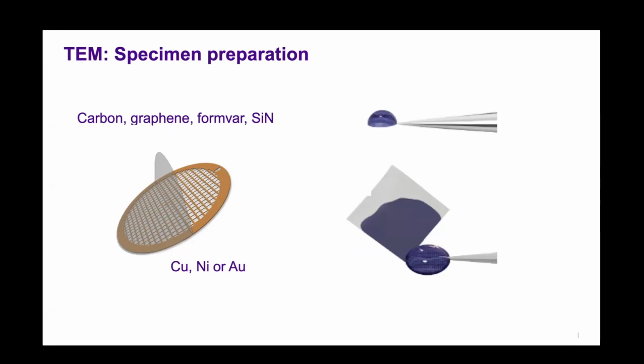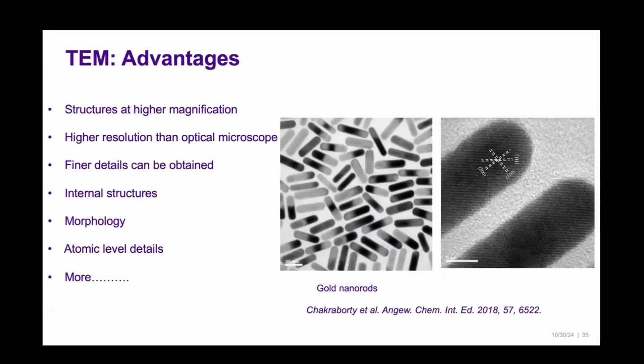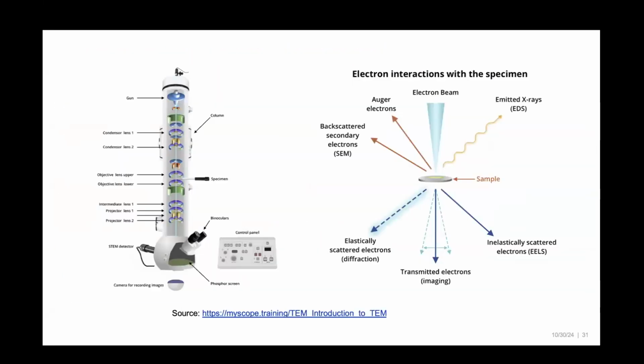Then you need less than a microliter or nanoliter of sample, but we generally use 3 microliters, blot out the excess, and you have a very thin sample loaded. And we can get very high resolution. Here are gold nanorods, and you are seeing individual atoms of the gold nanorods. We get very fine details, internal structure, morphology, atomic level details, and even more, the fine details as well.